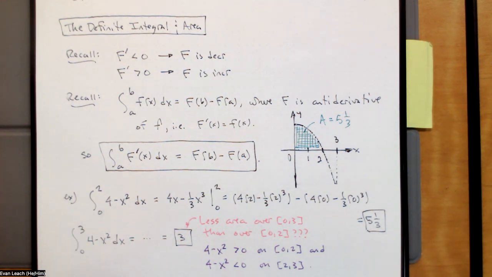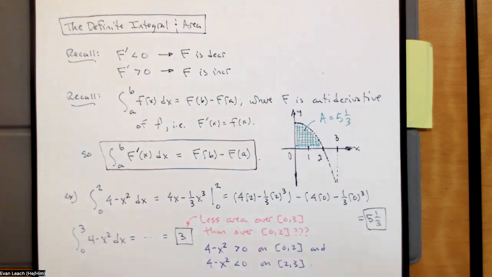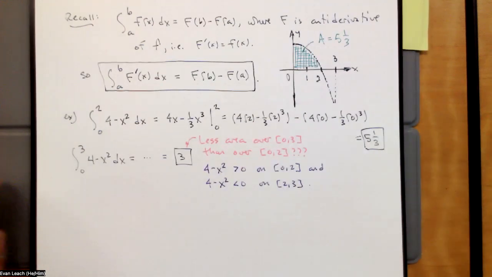So there was speculation that the area from 2 to 3 is being counted as negative. So let's find out. Let's find the definite integral from just 2 to 3, and see if that is the difference between the 5 1/3 and the 3.